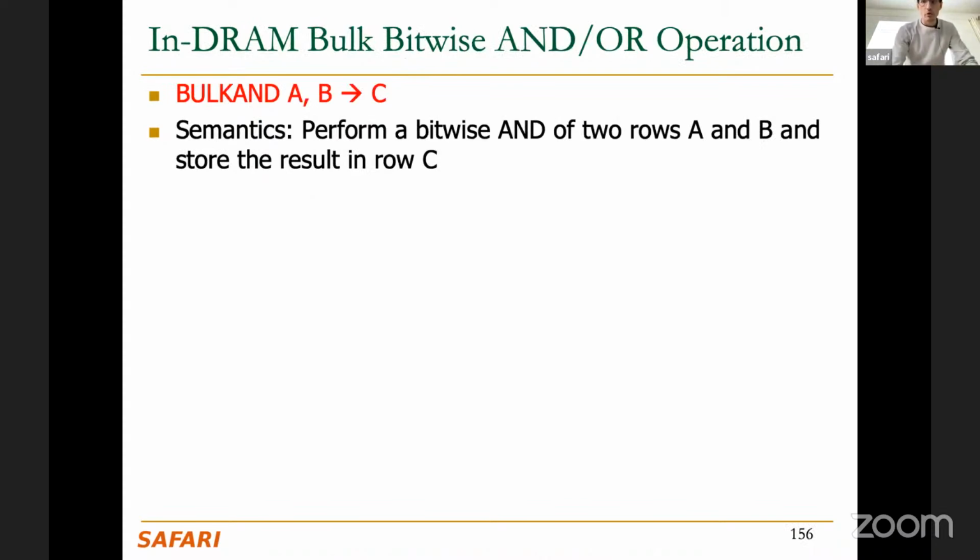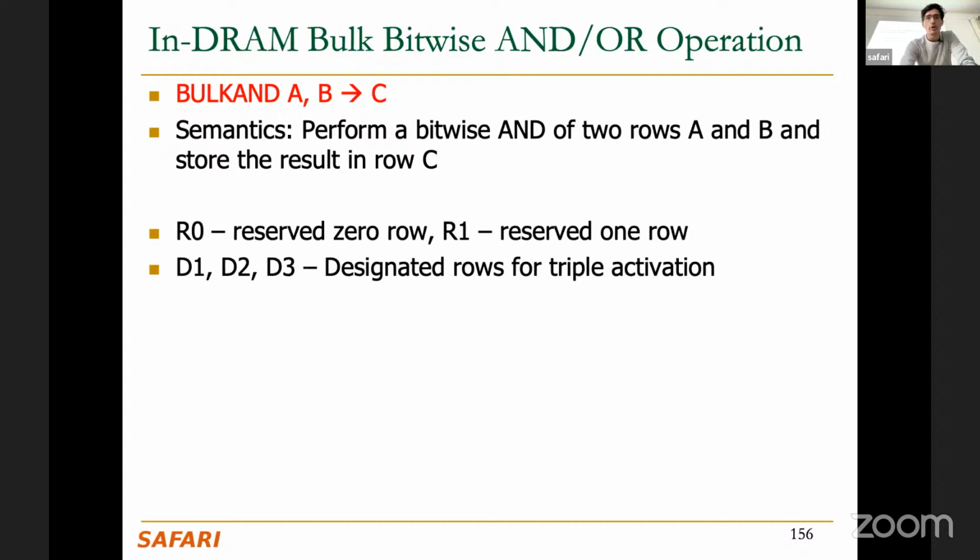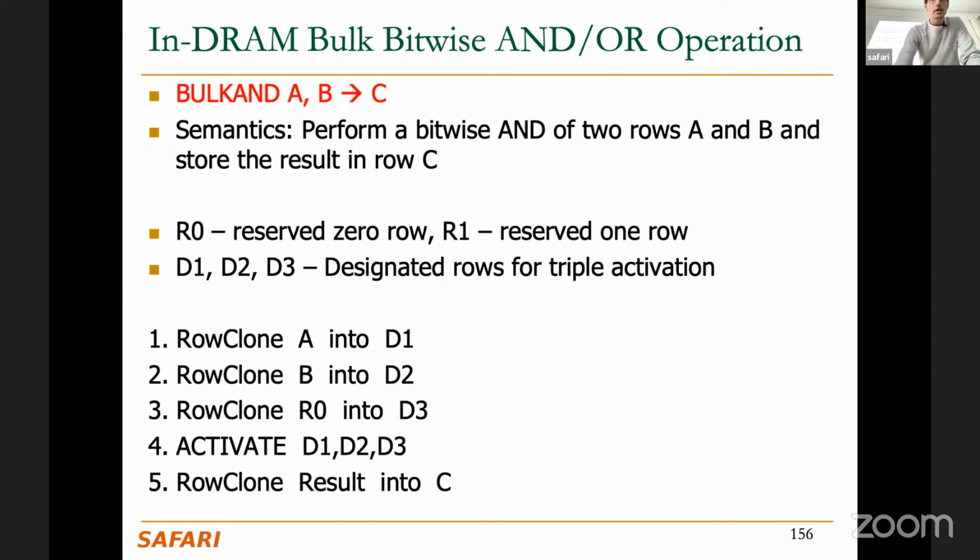For an example of how to use this bulk bitwise AND or OR, what we would do is copying, using RowClone for sure, copying rows to some designated rows that can be activated, the three of them at the same time, due to a specialized row decoder that is proposed in the paper.